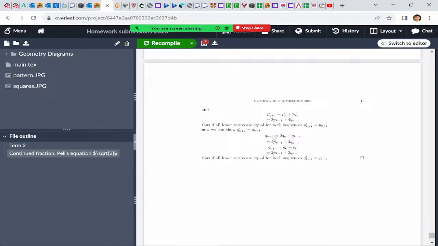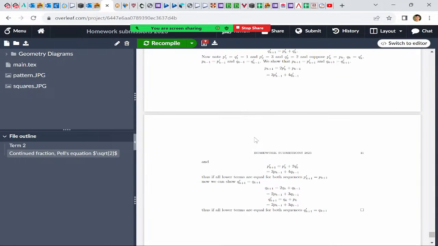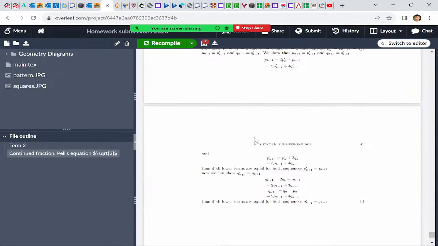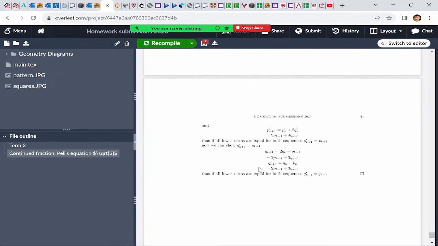Well, I'm proving that the Q's are also equal. Oh, wait. Oh, okay. It kind of just skipped. What is this? Where did this come from?